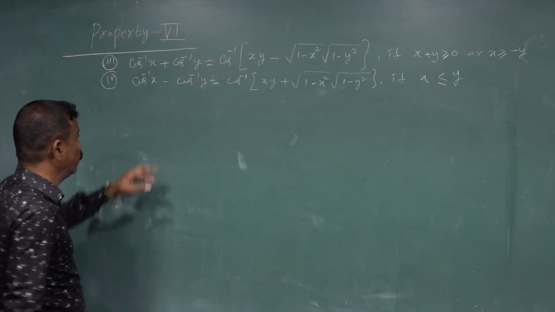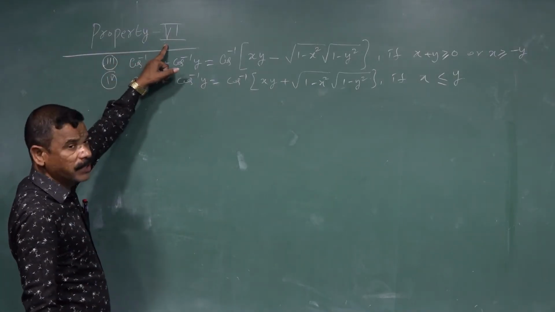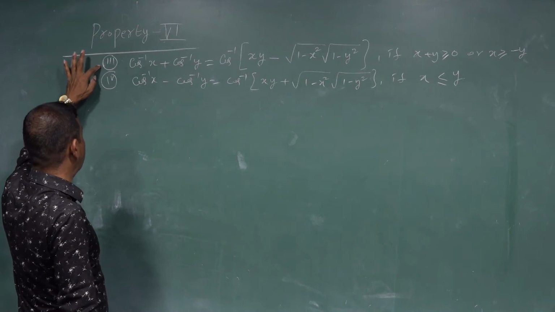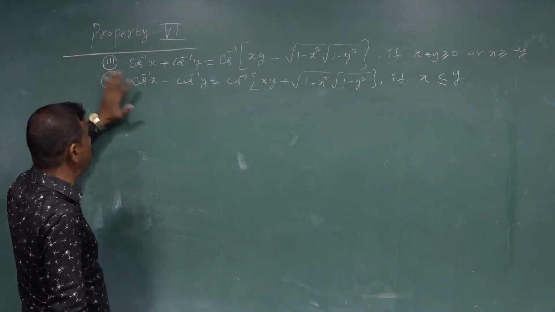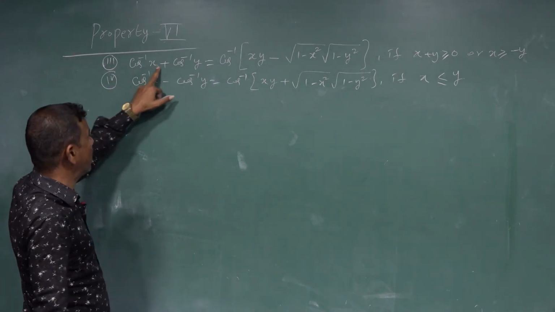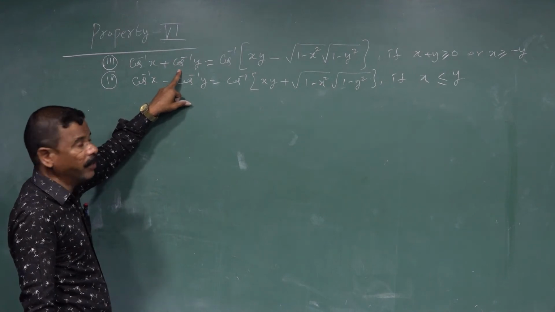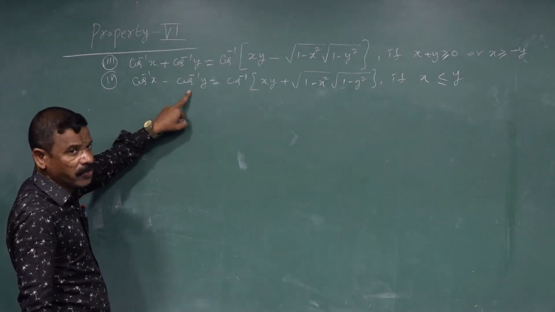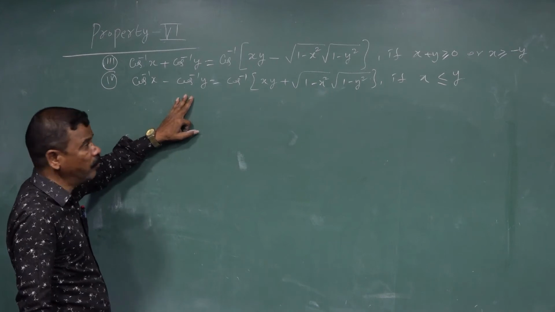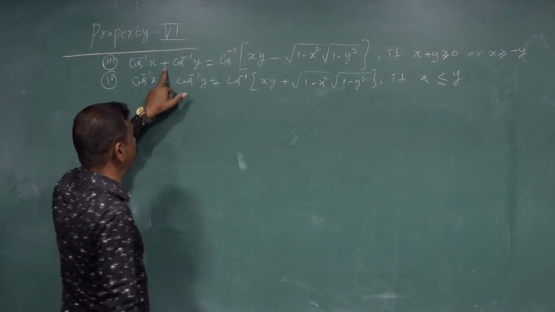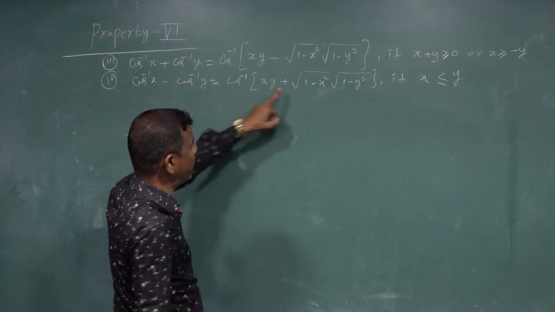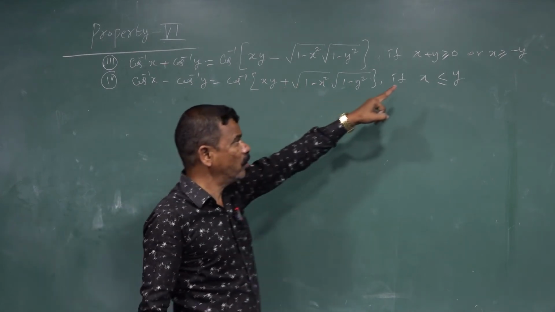In property 6, there are the third and fourth formulas; the first two are completed. Here cos inverse x plus cos inverse y, and here cos inverse x minus cos inverse y. Both are the same, only the plus and minus differ. Conditions are also different.